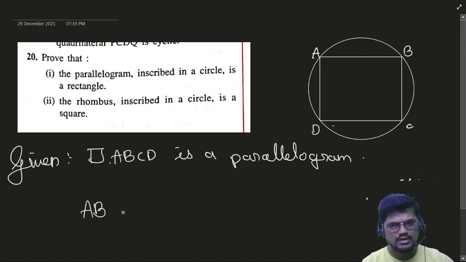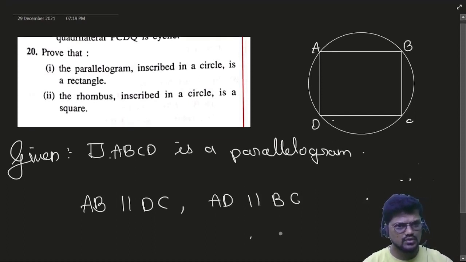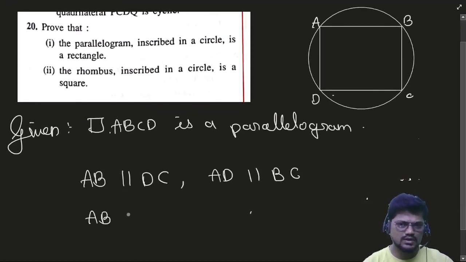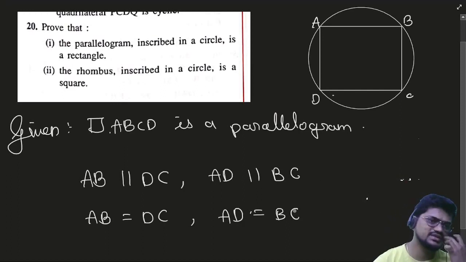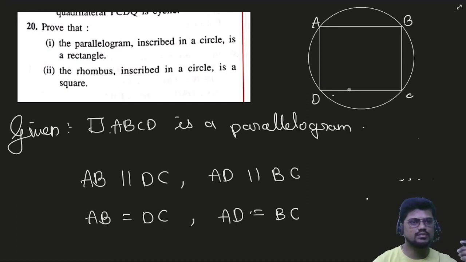AB is parallel to DC and AD is parallel to BC. Also, AB is equal to DC and AD is equal to BC. All these things we know if it is a parallelogram. But we need to prove that angle ADC is 90 degrees. If we prove that, then it will be a rectangle. Right? So how can we prove it?